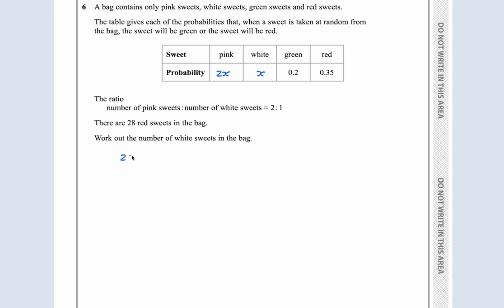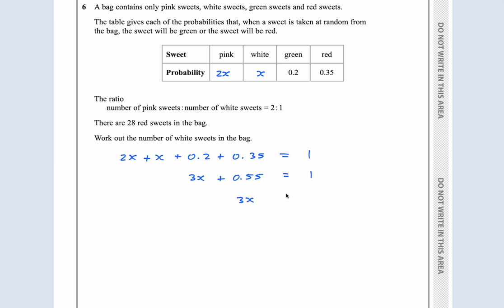So I have the probabilities, guys. Well, some in terms of x, but all the probabilities have to add up to 1 because there's no other colors in the bag. So we have to get one of these colors, hence the probability is 1. This is 3x, 2x plus x is 3x. This is 0.55 equals 1. Add those two together.